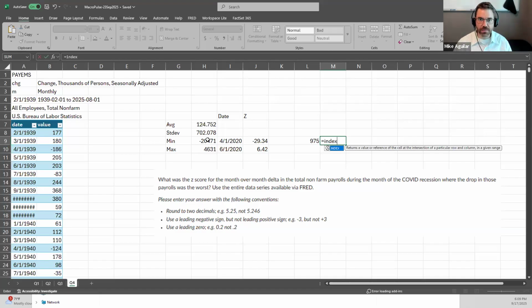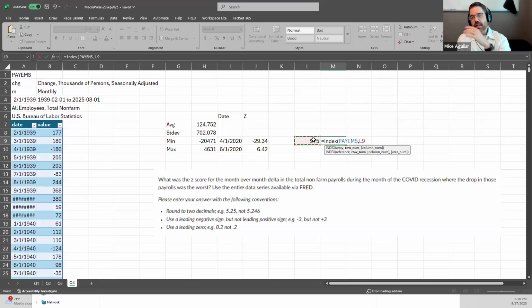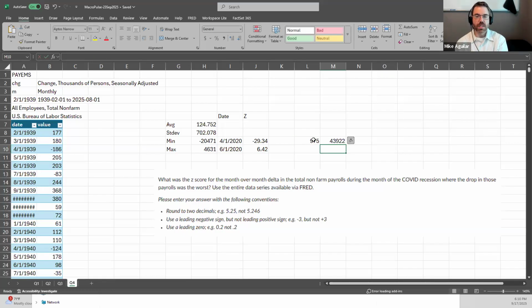I'm going to do INDEX, and I'm going to call back to the payrolls table. I'm just going to have that entire table, and I want to find the row number. Now, I could do a couple things. Notice there's another option in there. See how it shows up underneath? I could figure out what was the column value from that, the first column, which was a date.